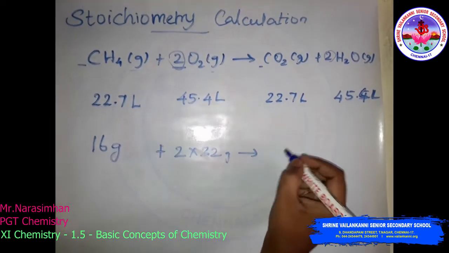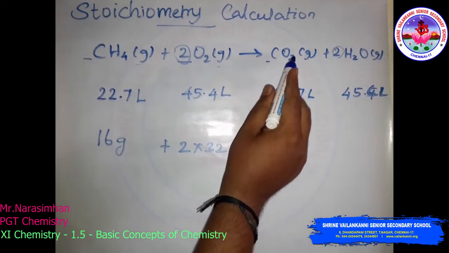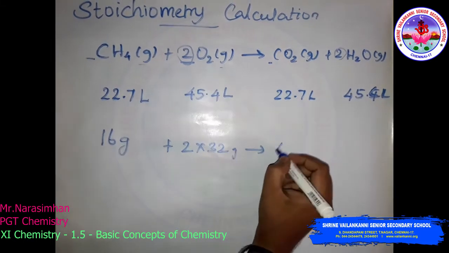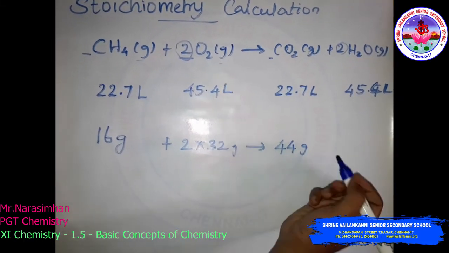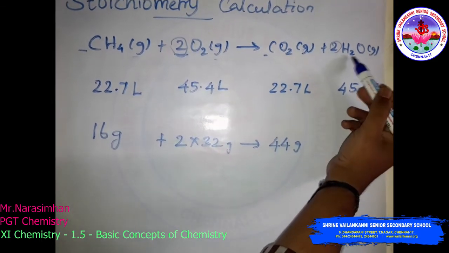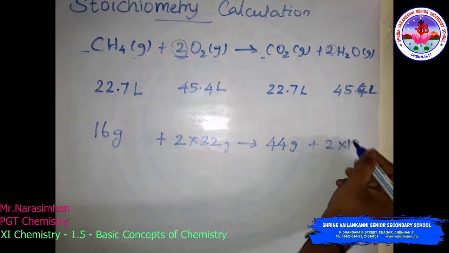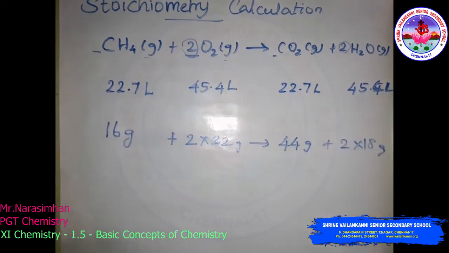Carbon dioxide, that means CO2, carbon 12, oxygen 16 into 2 is 32, plus 12 is 44, so 44 gram of carbon dioxide. And water 18 is the mass number, so 2 into 18 gram of water gas.